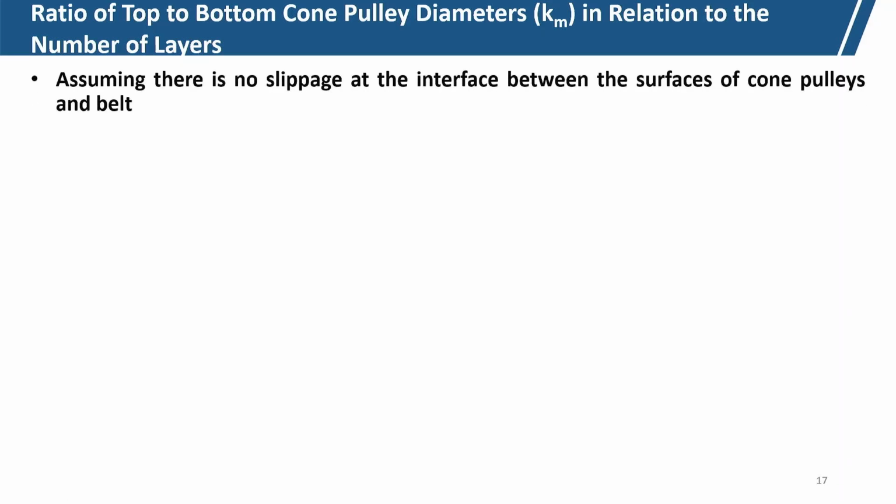Assuming there is no slippage. Effectively there may be some slippage, but for simplicity, if we assume there is no slippage at the interface between the cone pulleys and the belt, what do we get?